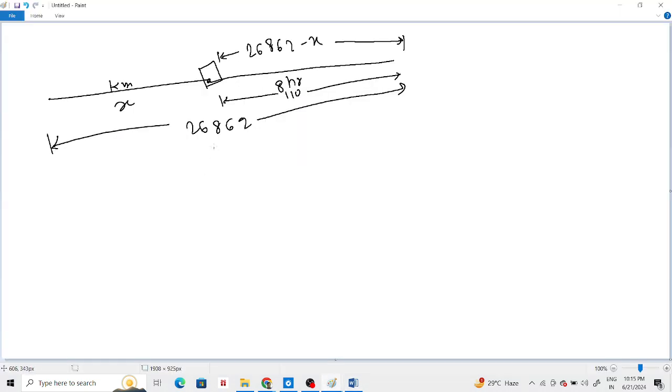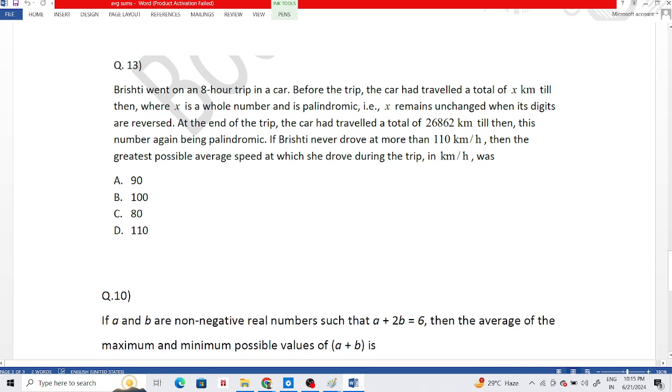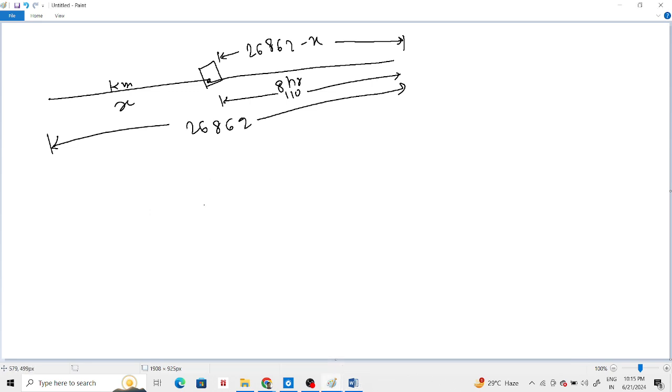So that means 26862 minus x, this is the distance she has covered, divided by her time, that is 8, right?